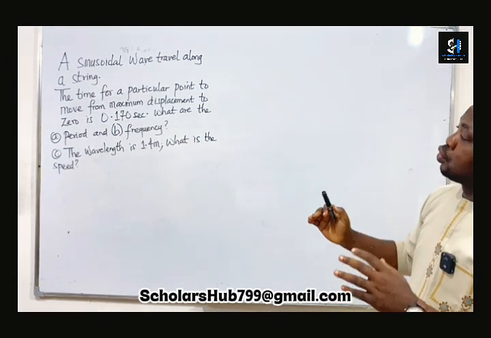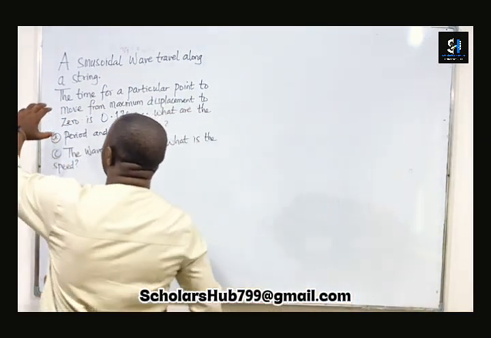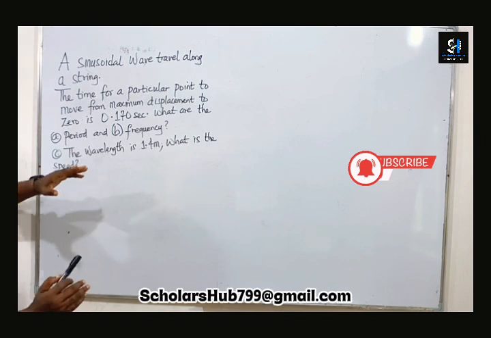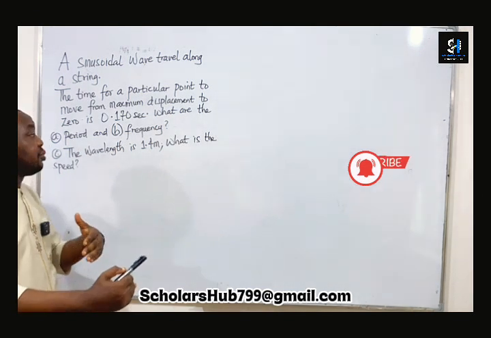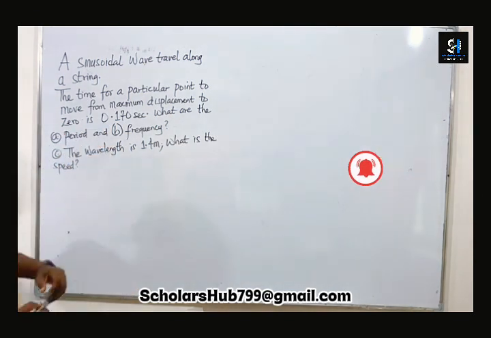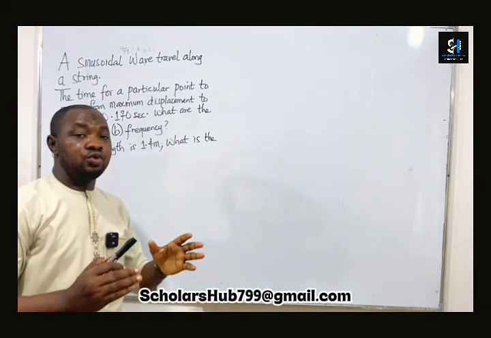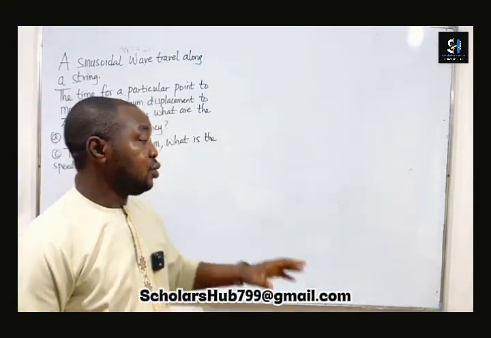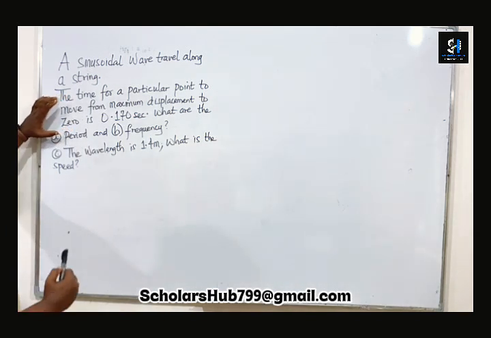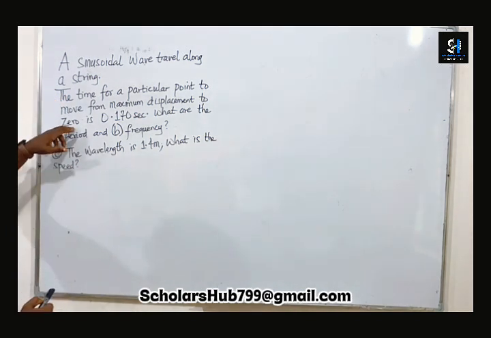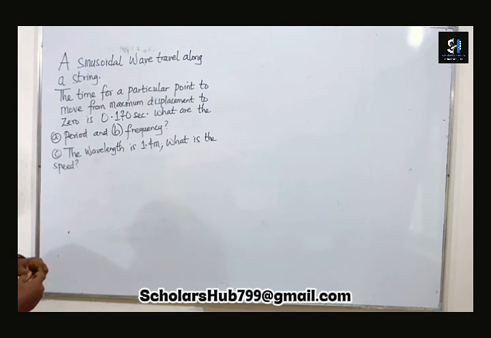All right. So to solve this question, let's look at these statements. The time for a particular point to move from maximum displacement to zero is 0.170 seconds. I'm going to draw a wave profile diagram to explain this.